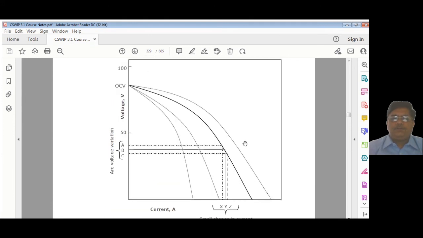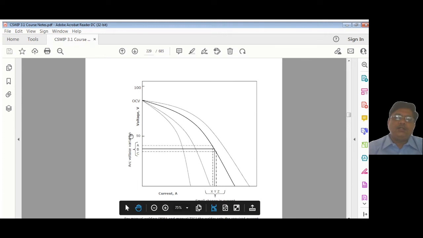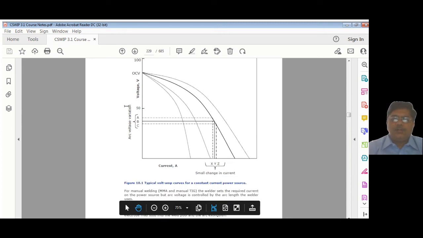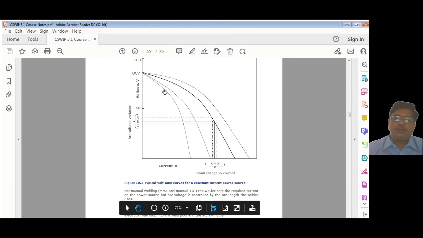So you have a chart here where on one side there is OCV, arc voltage, and on the other side current, and this relationship is shown here. Typical volt ampere curve: this is voltage versus current, so it's called volt ampere curve.